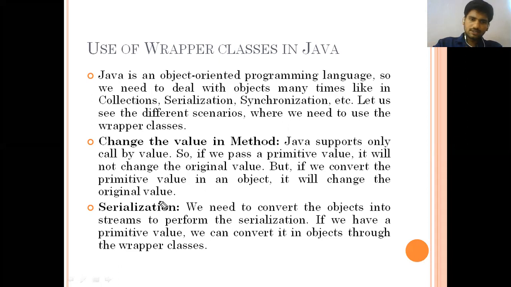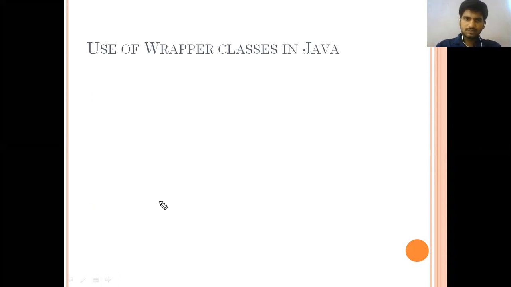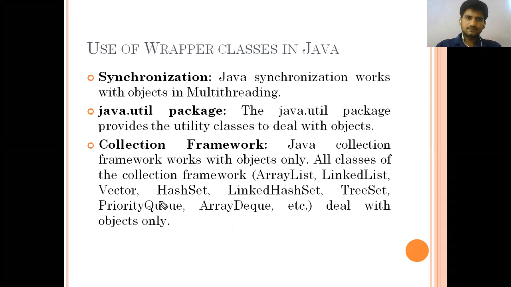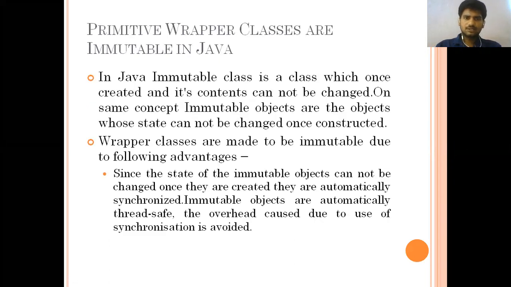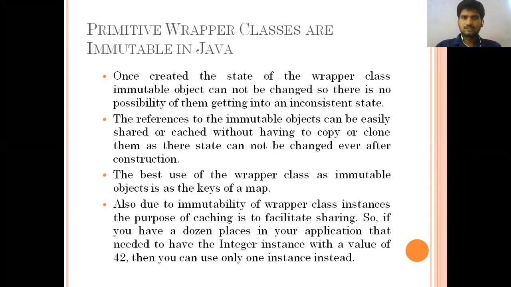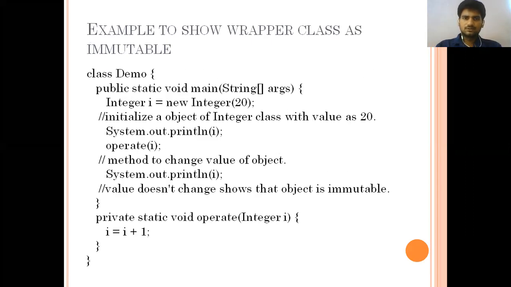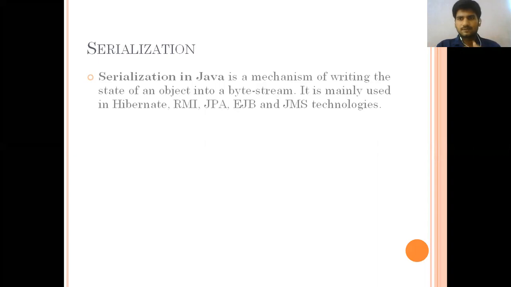So this is serialization. We will deal fully with the concept of serialization. So what is serialization? Auto boxing and unboxing, this is the example. Serialization converts an object into a byte stream.